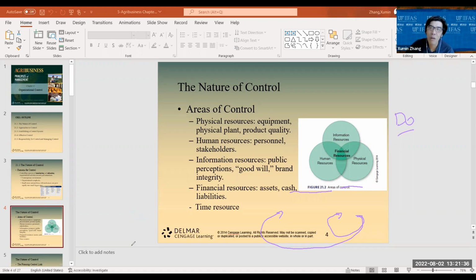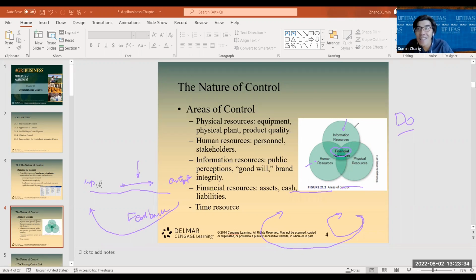We have mentioned the system model. Actually, this is more like a value chain. Remember, from the input we will go to the output, and we call it the feedback from the market. Actually, we are more focused on this process, the operation, okay, all the resources involved. I added this time resource, like the other resources, you see, human resource, HR, right?